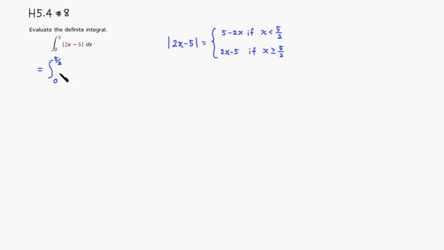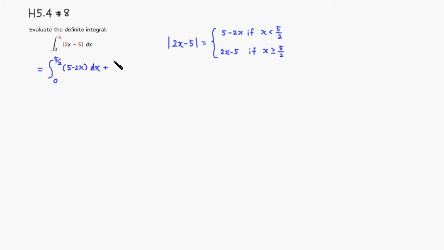On this interval, x is less than 5 over 2, so the function is 5 minus 2x. So we could get rid of the absolute value sign that way.